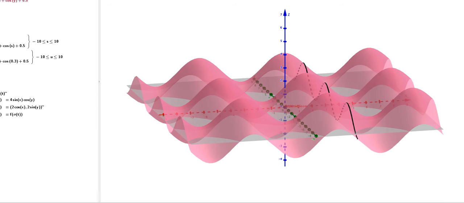So bear with me for a second here. If you change that number that you set your x coordinate equal to, you're going to get a different cross section.